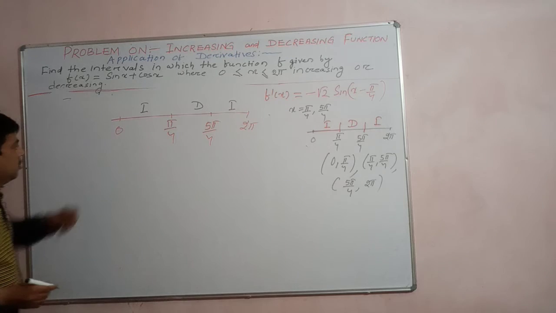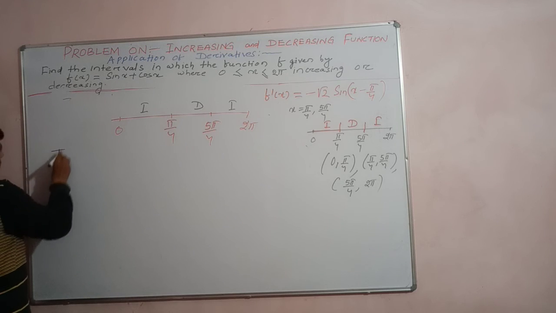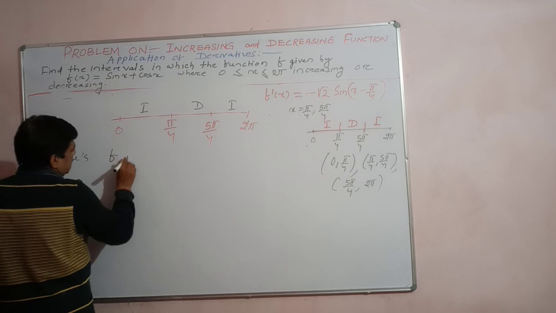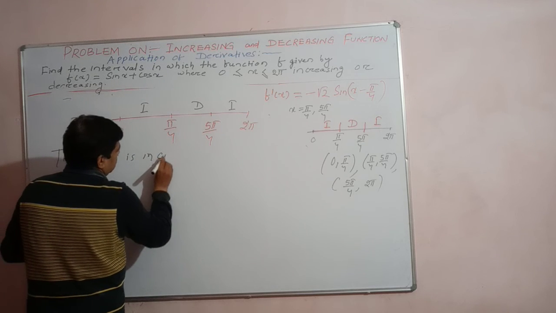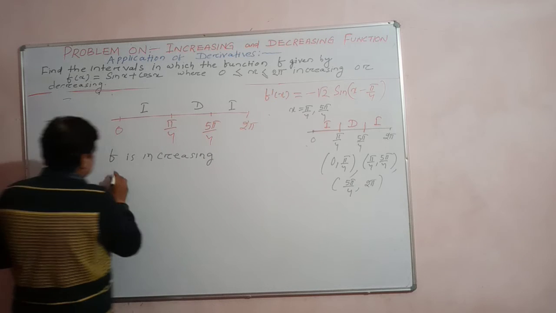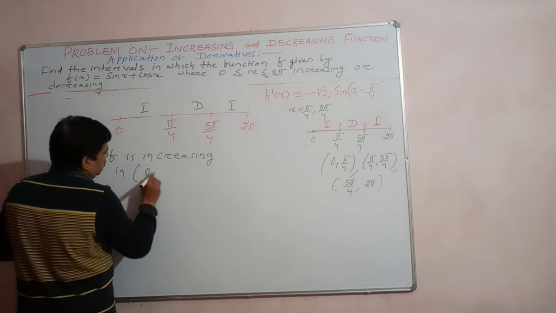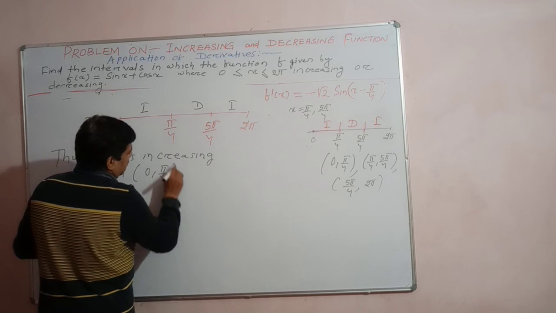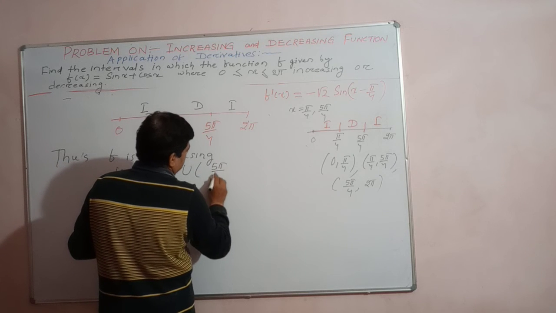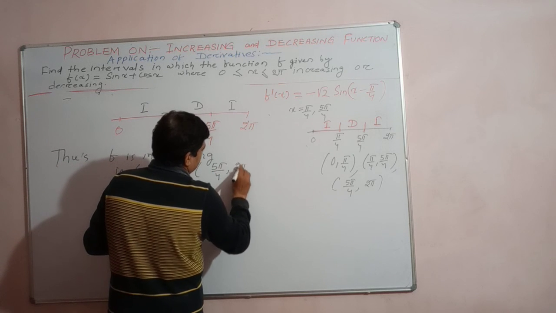Thus you get that f is increasing in the interval 0 to pi by 4, union the interval 5 pi by 4 to 2 pi.